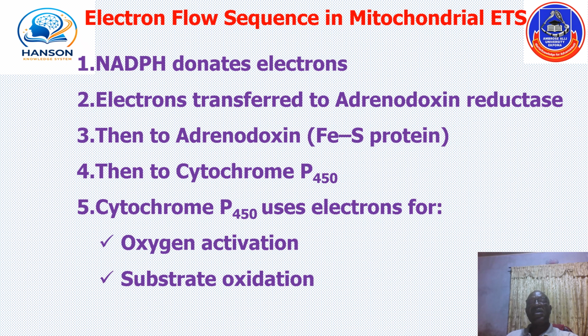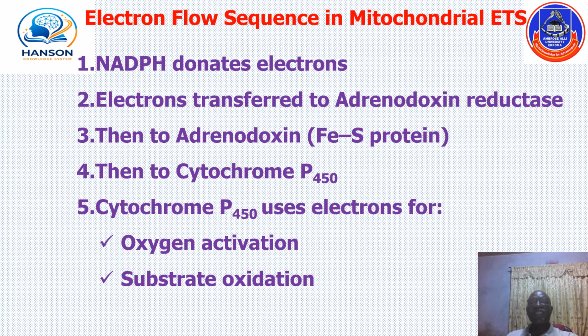Having known the components of the pathway, it is also important for us to know the electron flow sequence in the mitochondrial electron transport system of the cytochrome P450. The NADPH donates electrons.